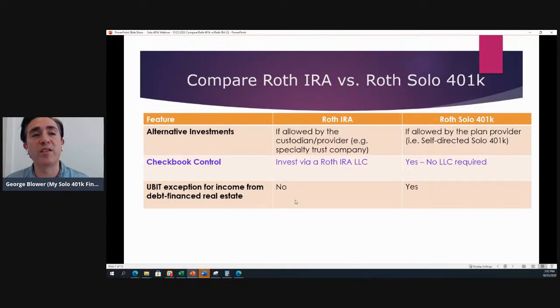Whereas if you make the same investment through your Roth Solo 401k, there's an exception for income that derives from real estate that was acquired with non-recourse financing and held inside of a solo 401k. That's a pretty big difference there.